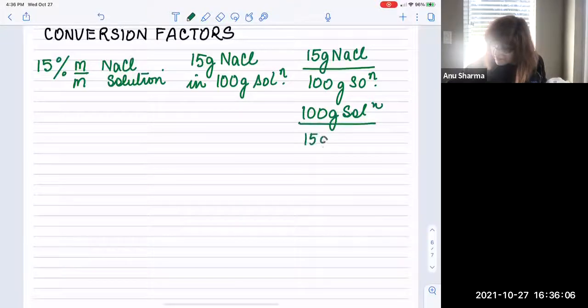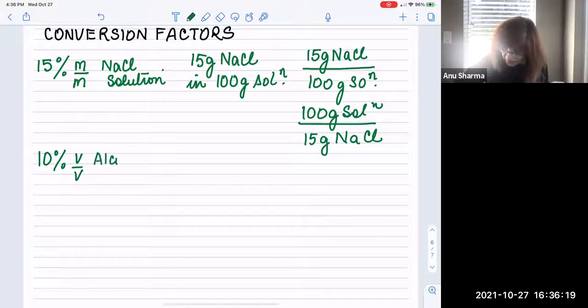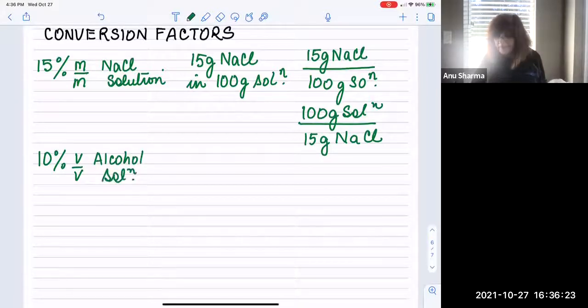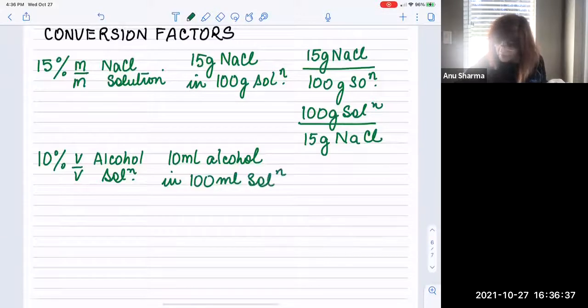Now let's look at a 10% volume by volume alcohol solution. This means 10 ml of alcohol is present in 100 ml of solution.